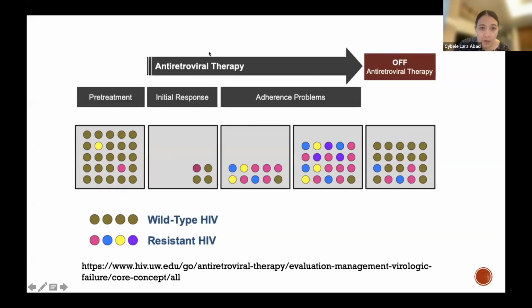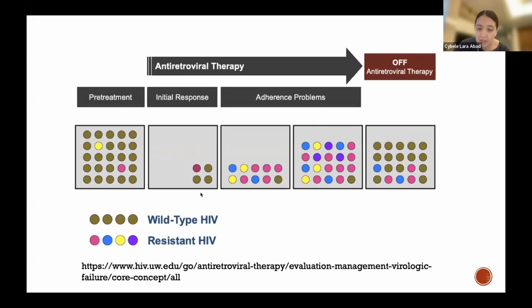If you remember this diagram from earlier, before we start therapy, we have a lot of wild type virus, which is this in brown, meaning it hasn't been through drug pressure yet, so the virus will not show any mutations. Then when you start antiretroviral therapy, there's an initial response.